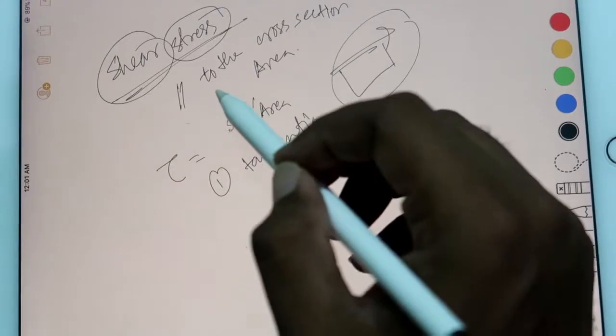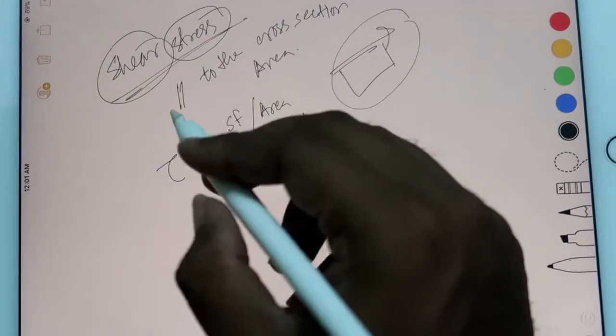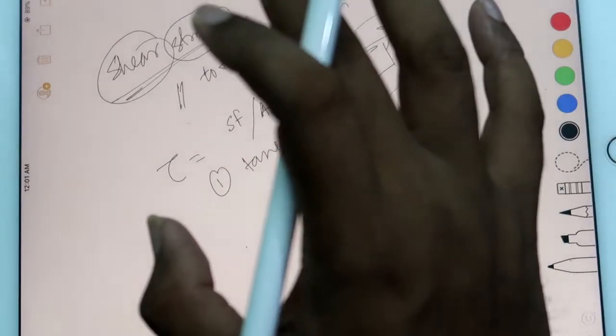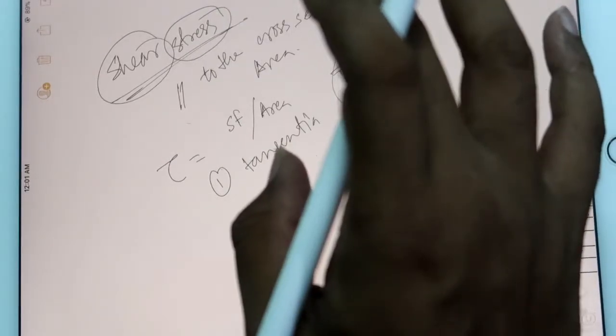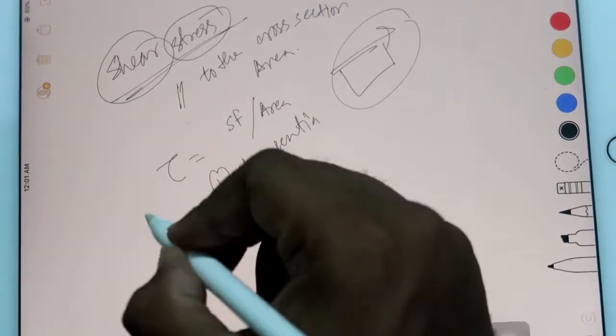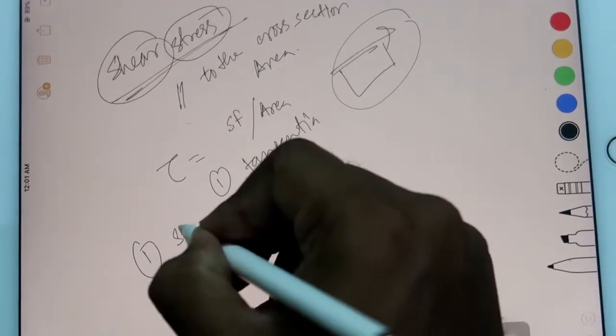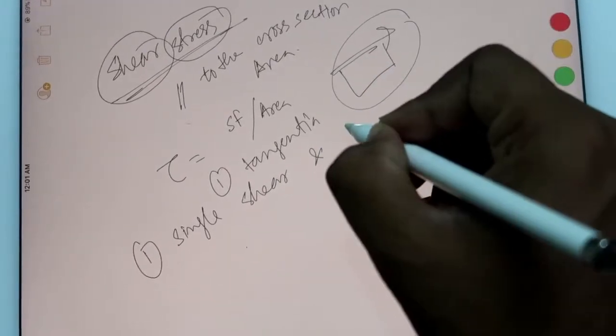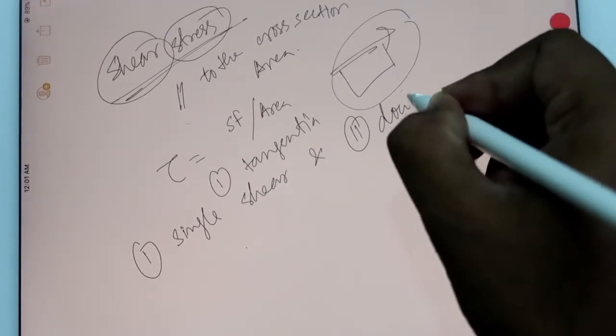In our strength of materials, shear stress is generally of two types: single shear and double shear.